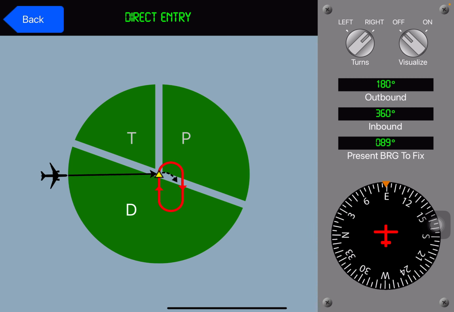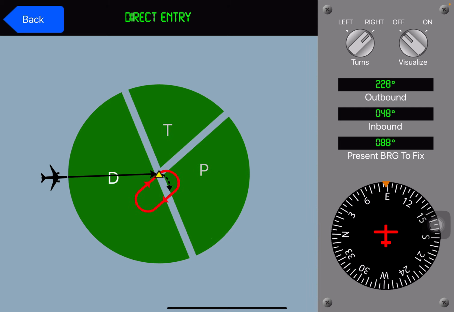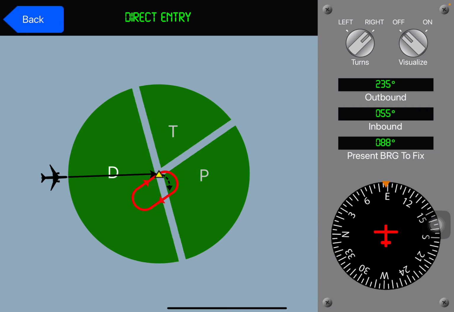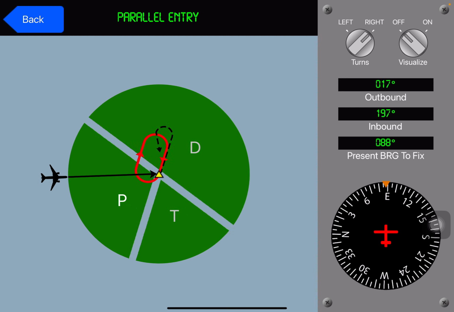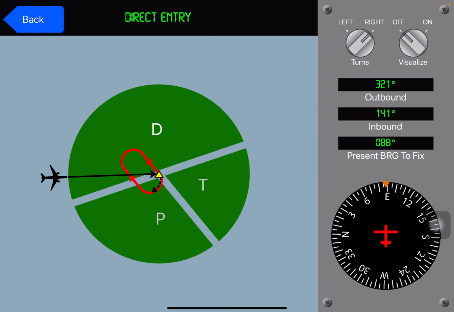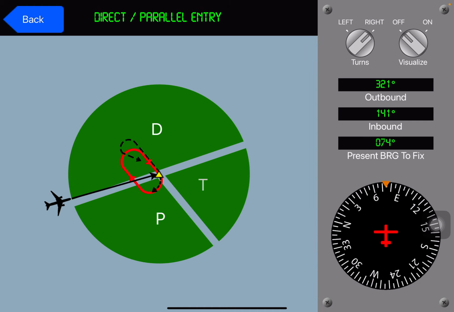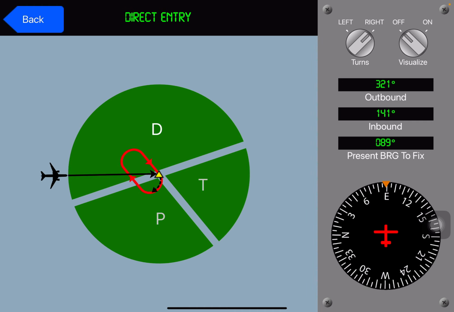This holding computer will help you determine which entry to apply to whatever holding pattern you intend to fly. And this entry can either be direct, teardrop, or parallel, depending on your initial heading towards the fix.